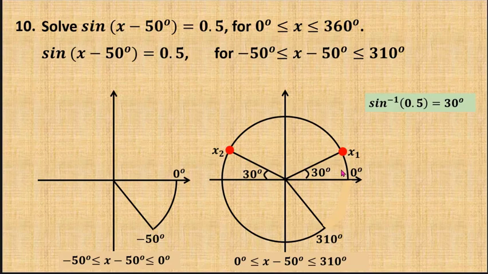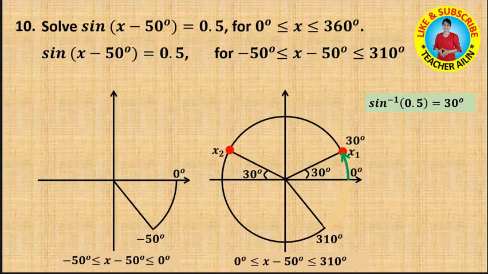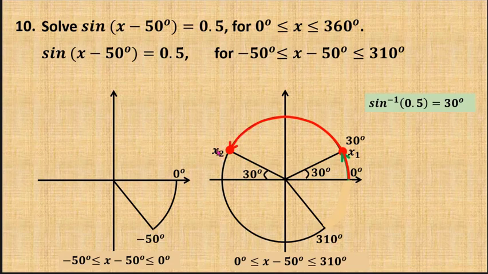After determining the position of the angle, now I'm going to find the values of the angle. The first angle starts from 0, follows the direction of anti-clockwise. So this is equal to 30 degrees. The second angle also starts from 0, follows the direction of anti-clockwise. And this value can be obtained by using 180 minus 30 degrees, which is equal to 150.